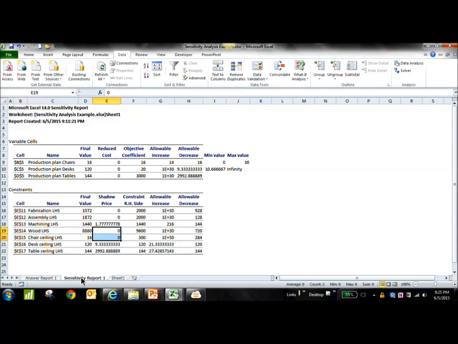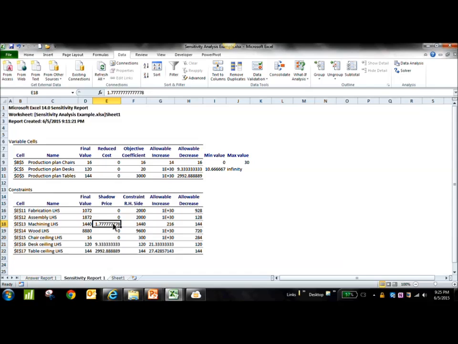It has to correlate. The ones that are binding have some sort of shadow price. What is a shadow price? A shadow price means that if I take this constraint, 1440, and change it within this range, then for each 1 unit, it will increase the objective function by 1.77.